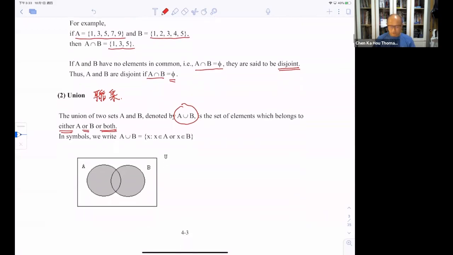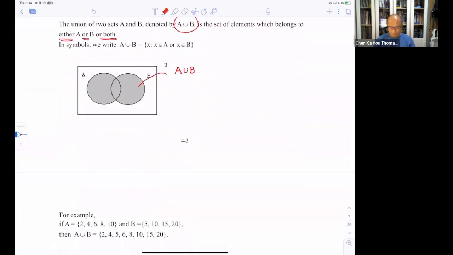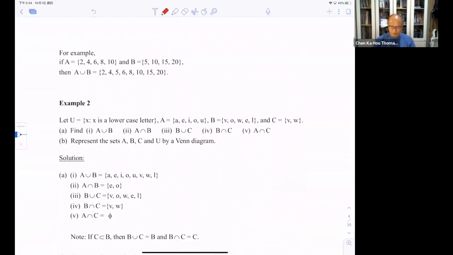If you use a Venn diagram, this greater area represents A union B. For example, if A contains 2, 4, 6, 8, 10, and B is 5, 10, 15, and also 20, so A union B contains all the elements from A or from B or from both.